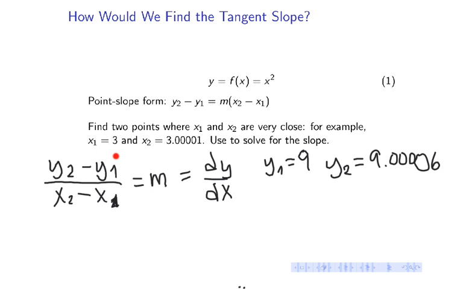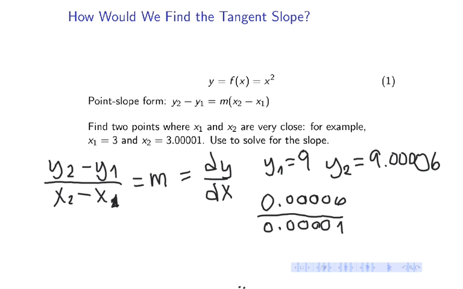Now we have two points. We have x1, y1, which is (3, 9), and we have x2, y2, which is (3.00001, 9.00006). Now, if we want to plug all these values into our expression to find the slope, we'll end up with y2 minus y1, which is 0.00006, over x2 minus x1, which will be equal to 0.00001.